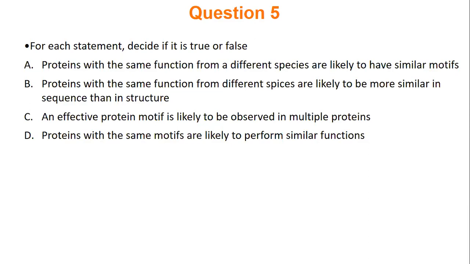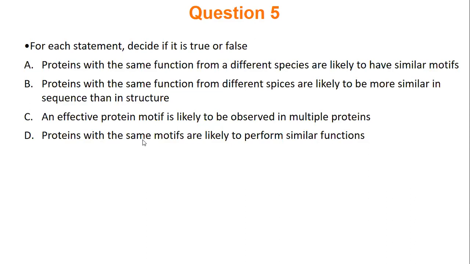An effective protein motif is likely to be observed in multiple proteins. Yes, if this motif does something really good, and it gets into another protein, it's not likely to be mutated away because it's still doing that function. So yeah, we are likely to see the same motif over and over again. Proteins with the same motifs will likely perform similar functions. Yeah, that's the same as the one before.